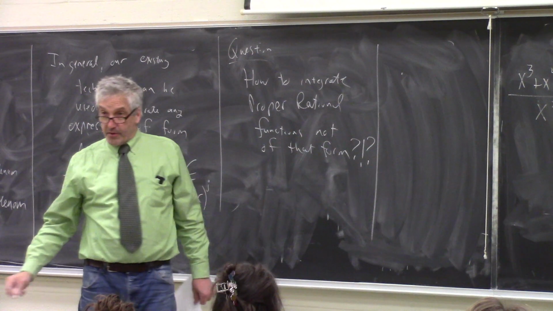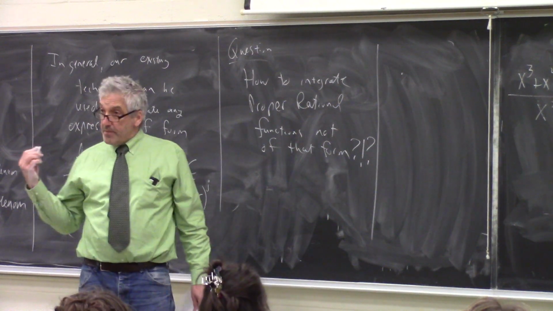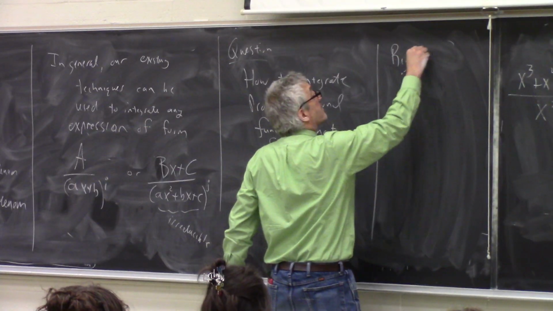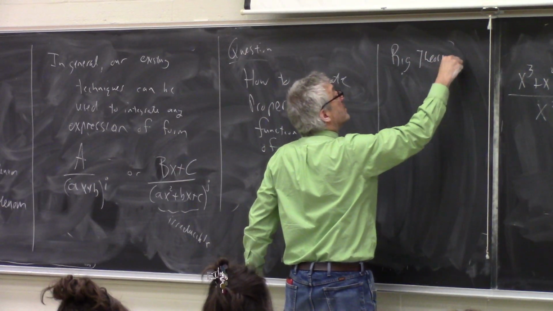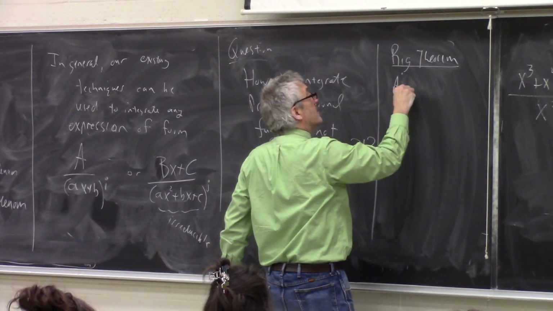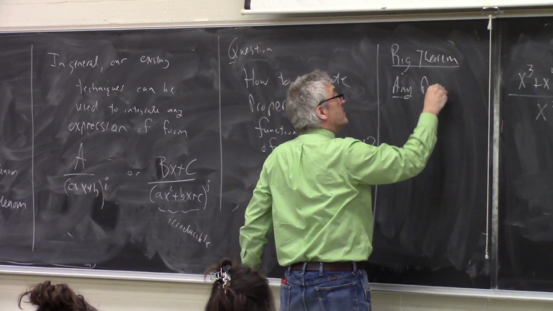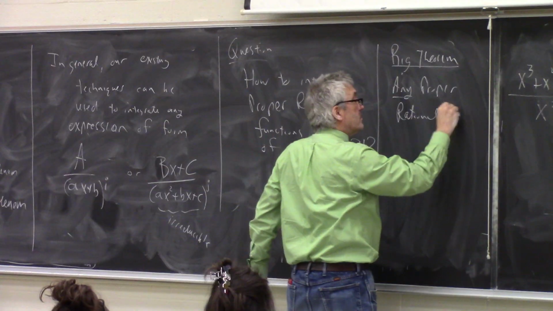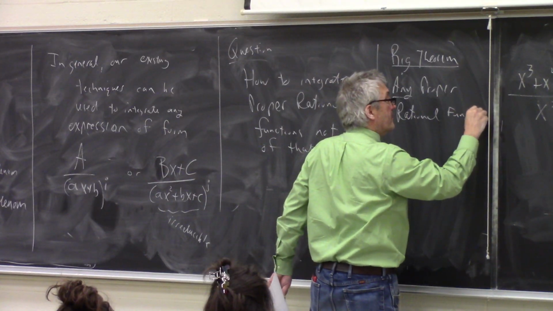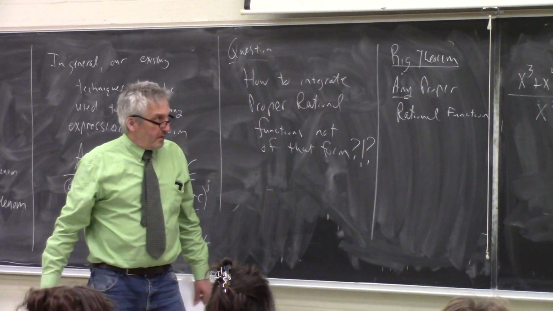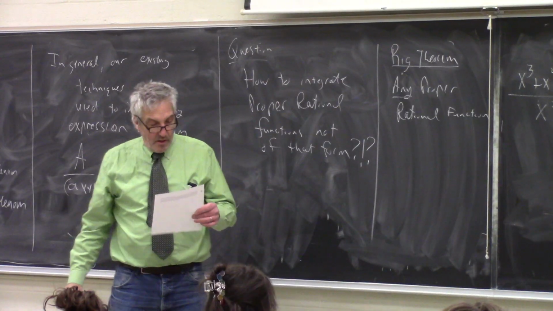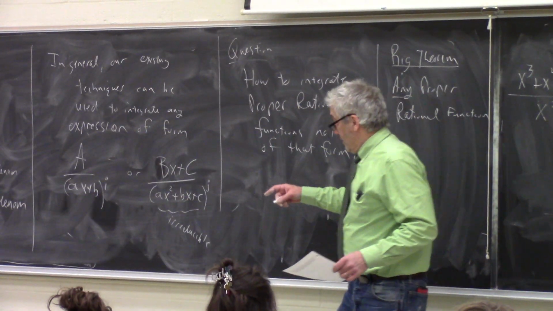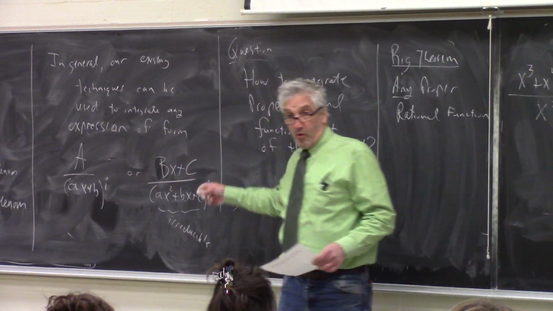So the question is, how do we integrate other proper rational functions that are not of that form? Well, there's a big theorem that any proper rational function, so anything, can be written as a sum of rational functions of this form.